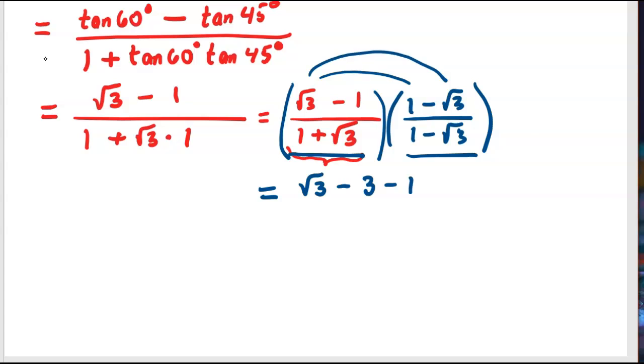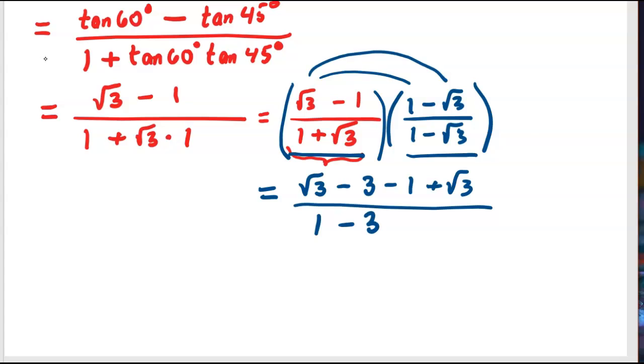Negative 1 times negative root 3 is positive root 3, all over. Now, there's a shortcut to conjugates if you FOIL it out. 1 times 1 is 1. The outside and the inside products will always cancel out. That's the beauty of conjugates, and you're left with root 3 times negative root 3, which is negative 3.